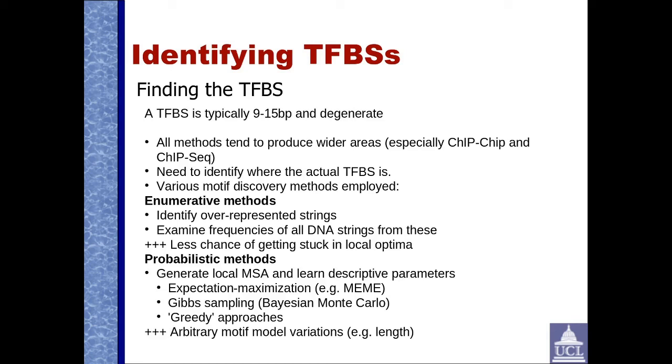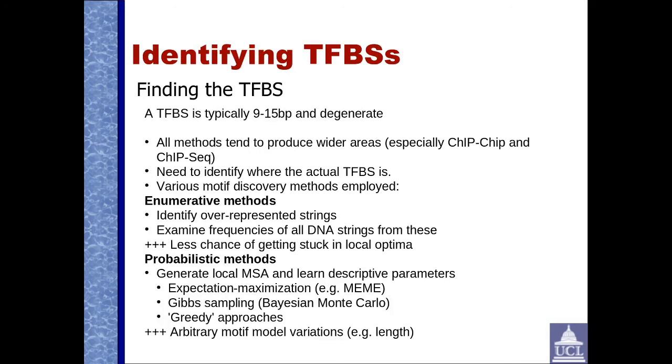Just to point out again then that the reason that we're trying to do this is we're doing experimental work to find where a transcription factor binds. But in most cases, the region that we identify from using these methods identifies a much longer region of DNA than where the actual transcription factor binding site is.